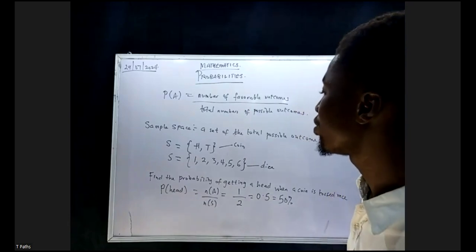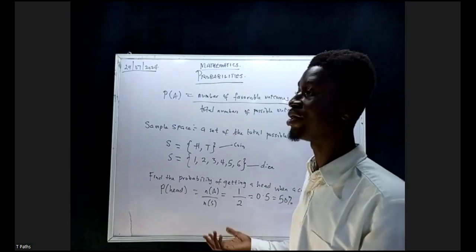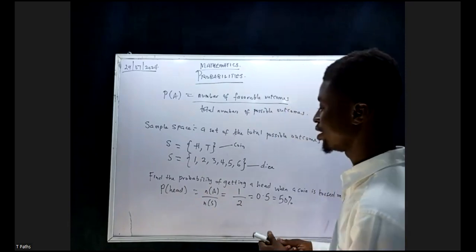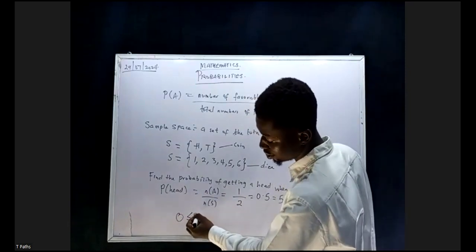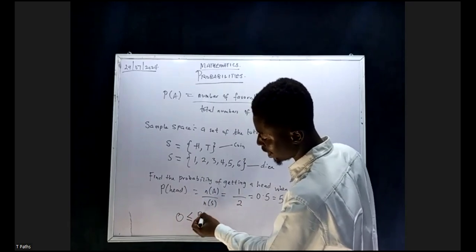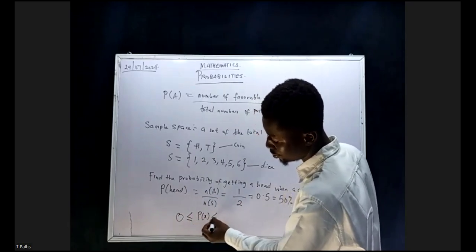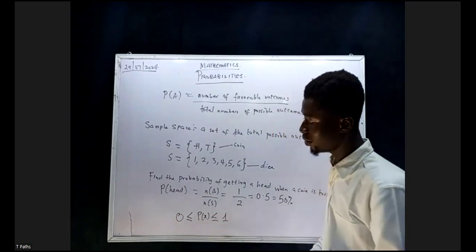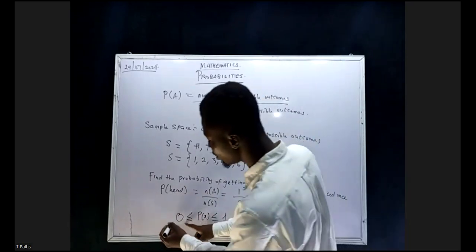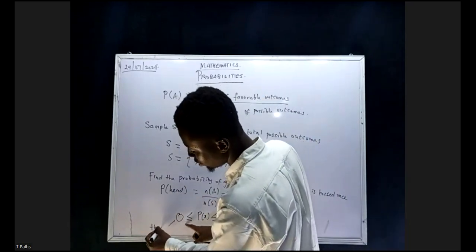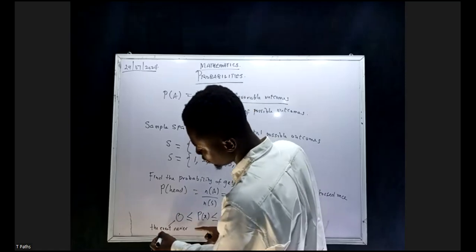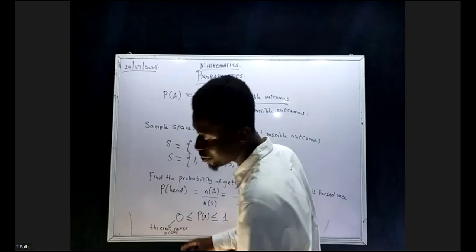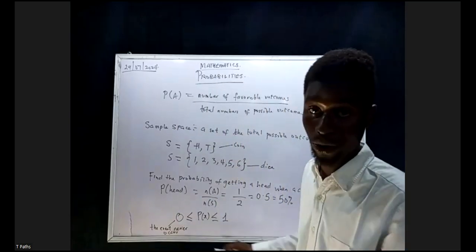Now, let's talk about the range of a probability. A probability P is 0 less than or equal to P less than or equal to 1. What does this mean? 0 means the event never occurs. Whenever you have 0 in probability, it means the event never occurs.